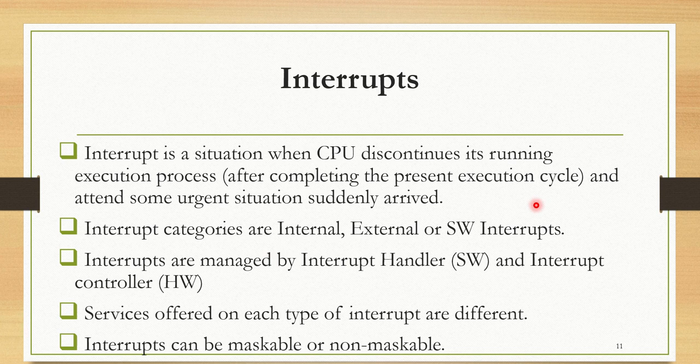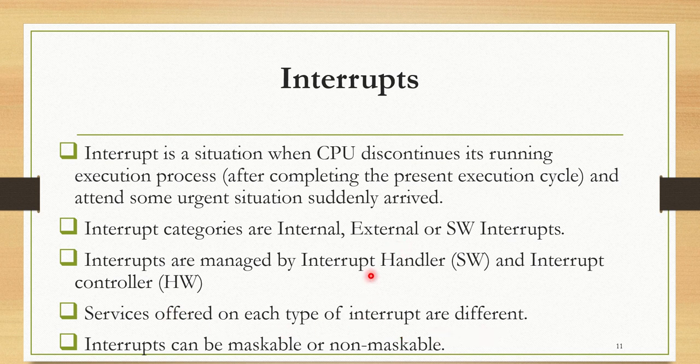Now, who manages these interrupts? Interrupts are managed by the interrupt handler and the interrupt controller. Two elements manage the interrupts. The interrupt handler is software; the interrupt controller is hardware. The services offered for each type of interrupt are different.